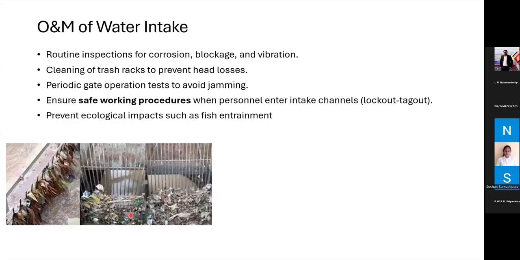The divers have to go almost blind to clean out these water intakes, and it's a really expensive job irrespective of the country. It's an extremely dangerous job with very high health and safety concerns. Apart from the physical damages, there are concerns regarding infections as well. So you need to have a proper mechanism as well as routine maintenance to avoid those kinds of actions.